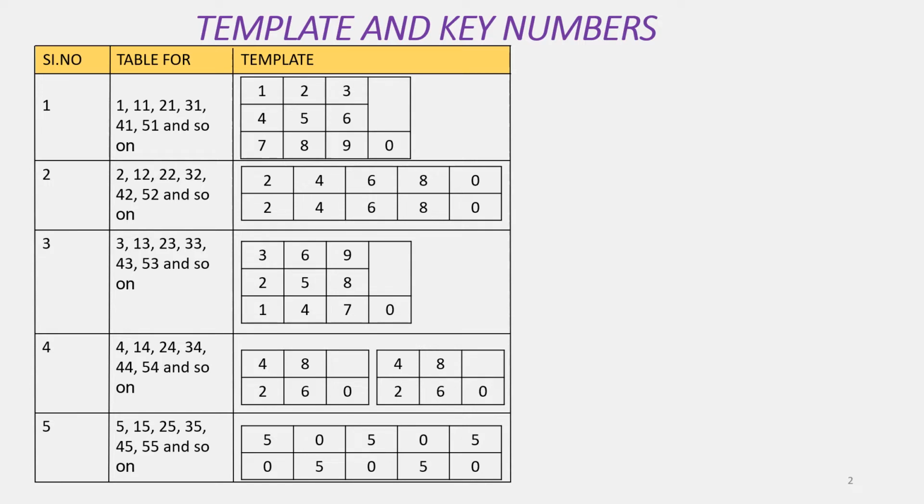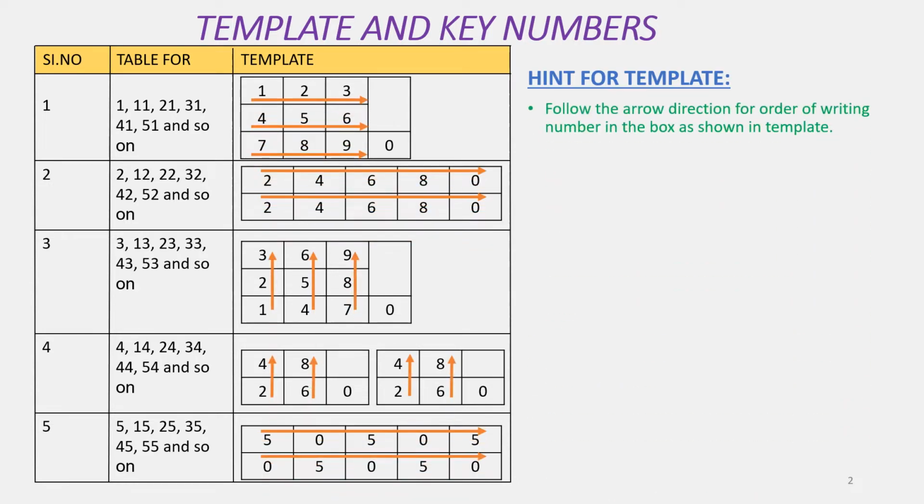Before going to see the template for tables n with numbers 6 to 9, we will see how to easily write this template. Follow the arrow direction for the order of writing numbers in the boxes, and write numbers 1 to 9 in the boxes for tables n with 1, 3, 7 and 9.